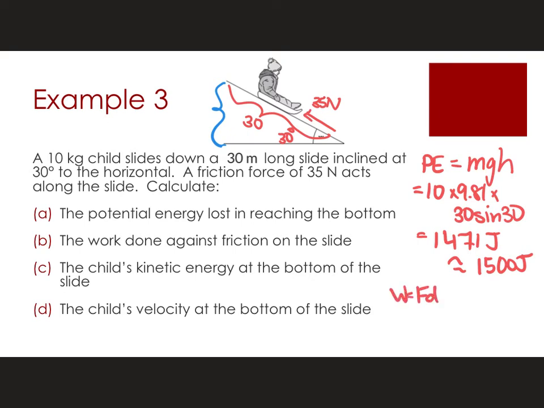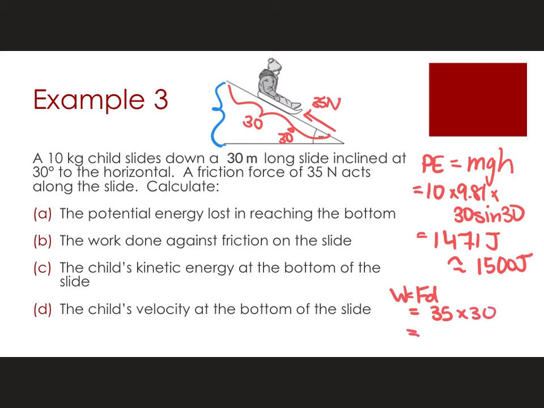Now the next part, work done, is the force of friction times the distance. And if you remember, the force and distance have to be in the same direction. Or another way to think about it is, if we're working against force of friction, it was all along this surface. So we need to use that for our value of distance. So force of friction, it told us, was 35 times that distance of 30.